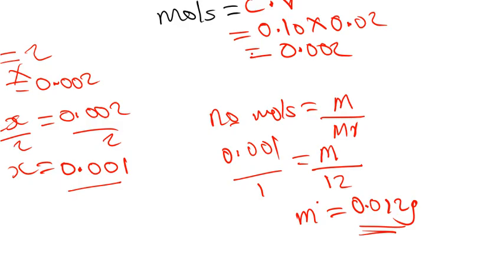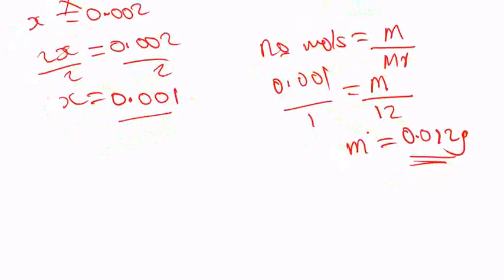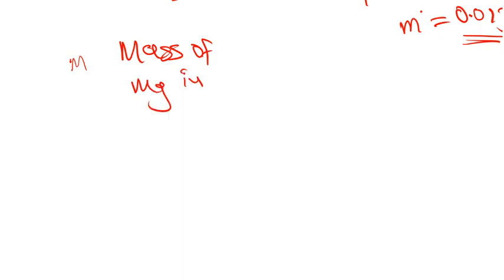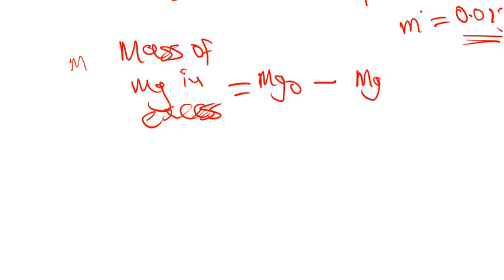So let us find the difference between the mass we started with and the actual mass which took part in the chemical reaction. Therefore, we're going to say the mass of magnesium in excess is going to be magnesium original, which was the original mass, minus magnesium, the mass which reacted.